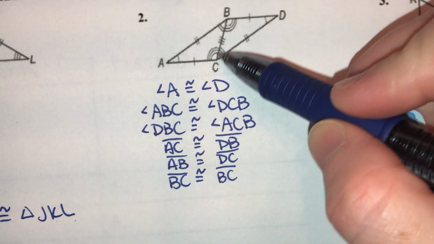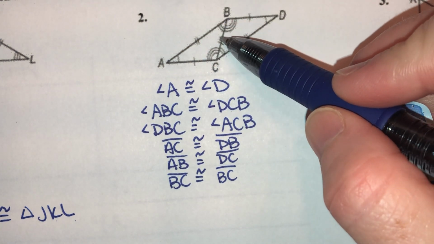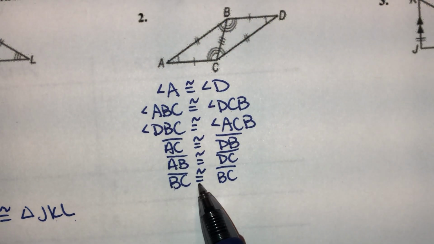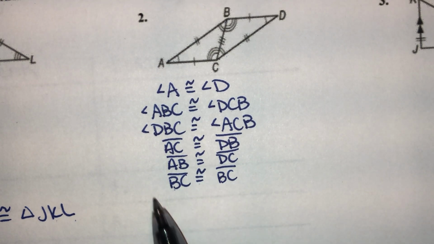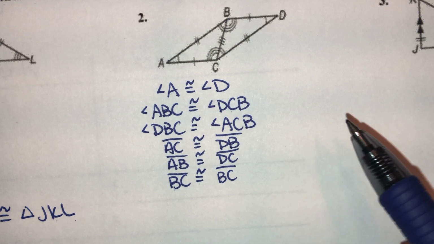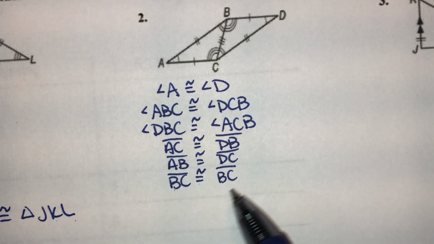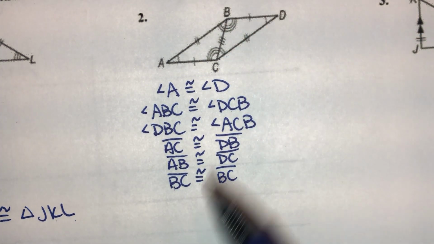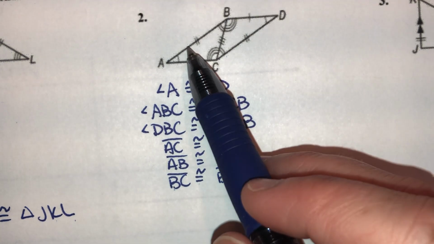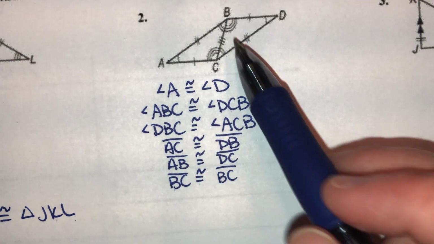So this is the same size whether I'm using it in this triangle or whether I'm using it in this triangle. So I write BC is congruent to BC. I have to make that statement. I can't just not write it down. And it seems silly because it's only 1 line, but you have to say what it is used in the left triangle and what it is used in the right triangle.